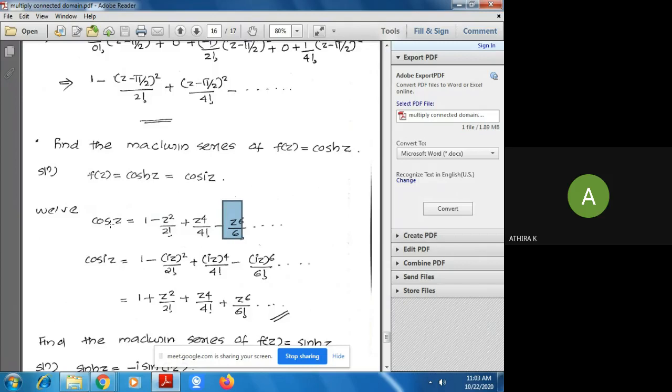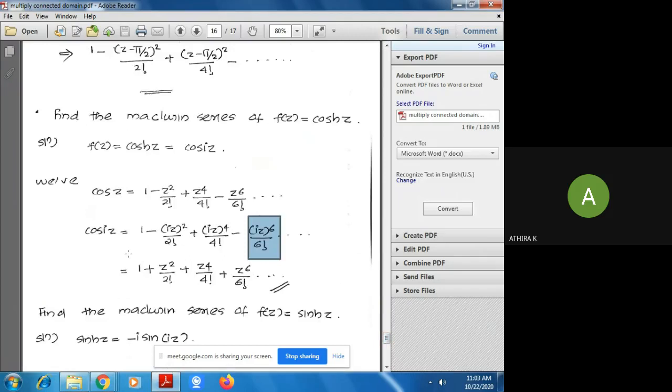So, instead of z, we substitute iz. This implies cos iz is equal to 1 minus iz square divided by 2 factorial plus iz raised to 4 divided by 4 factorial minus iz raised to 6 divided by 6 factorial.